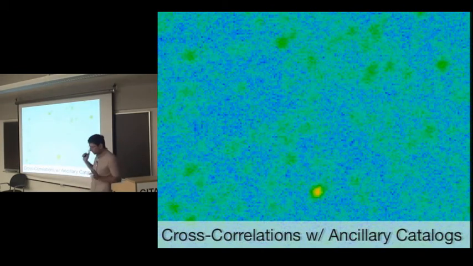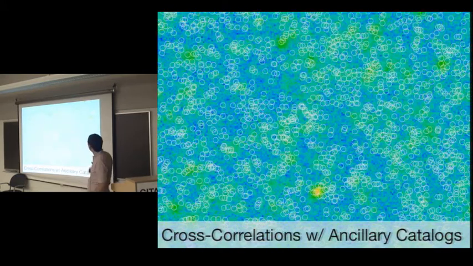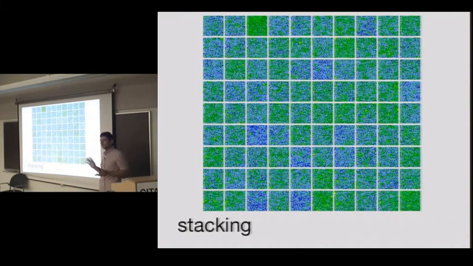Okay. So now we get onto stacking, or in other words, cross correlations with ancillary catalogs. Remember, I showed you this before, that the sources trace the infrared light. What you would typically do if you wanted to know the flux of the source in a background that was unresolved is take each of those circles and cut out a thumbnail.